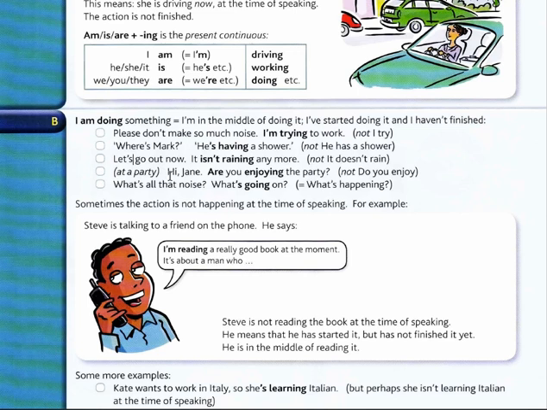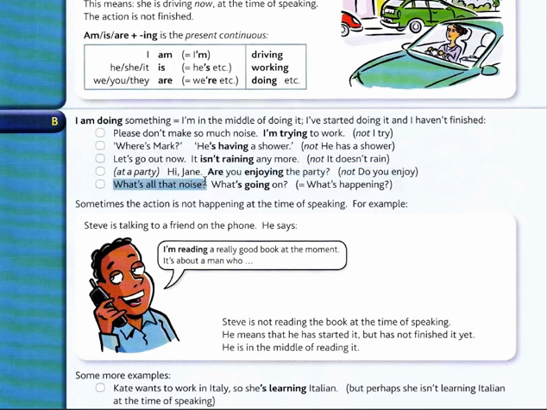At a party. Hi Jane, are you enjoying the party? You cannot say do you enjoy. Why? Because we are at a party. So someone asked you, hi, are you enjoying the party? Because the party has not finished. The party is continuing now. So at that time you have to use present continuous.